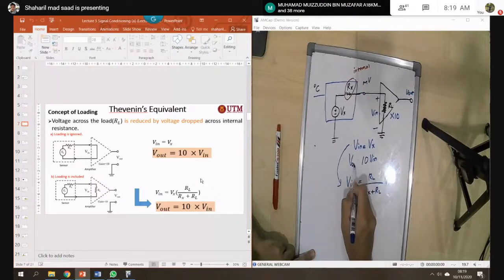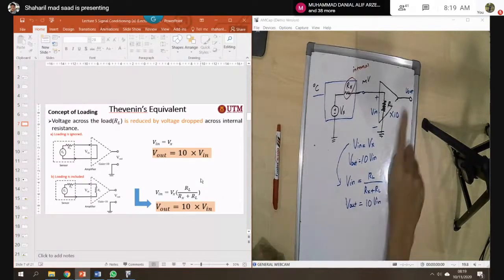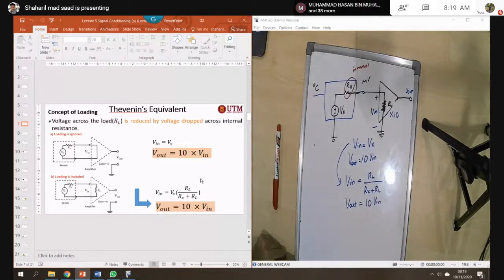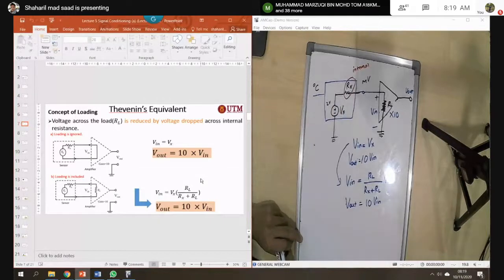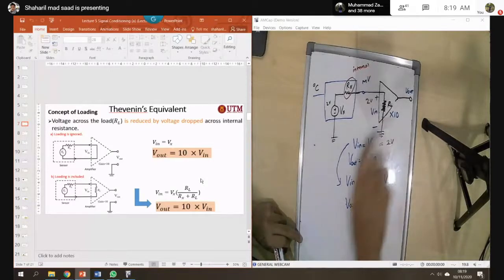So now V out is equal to 10 times V in. Let's say Vx here is 2 volt. So now when you ignore the loading, you will get 2 volt as V in.